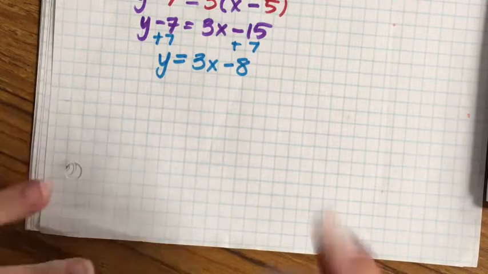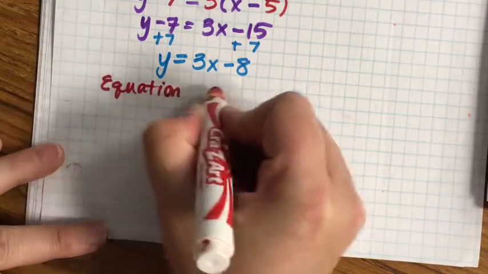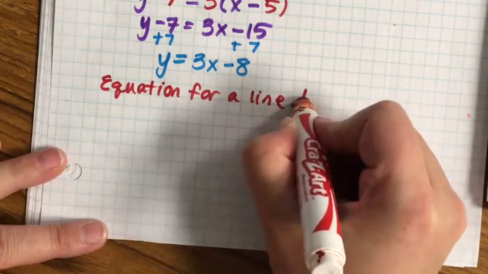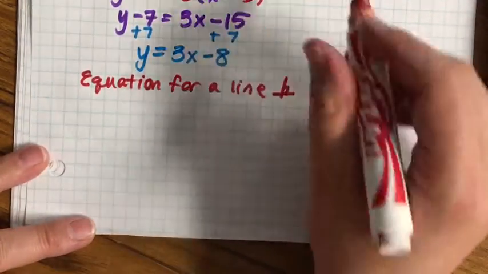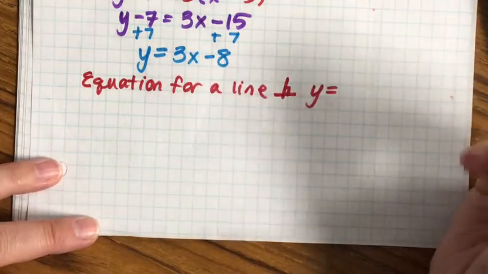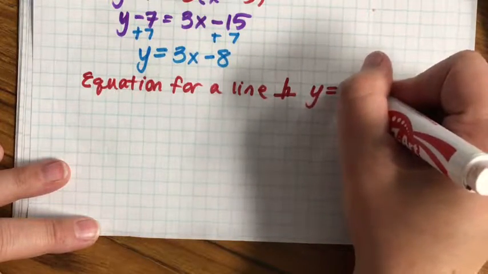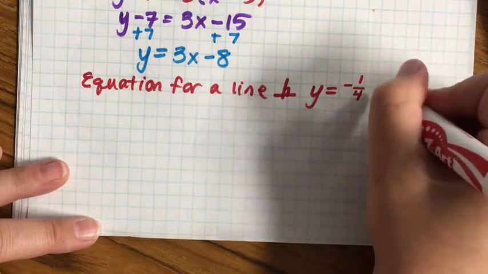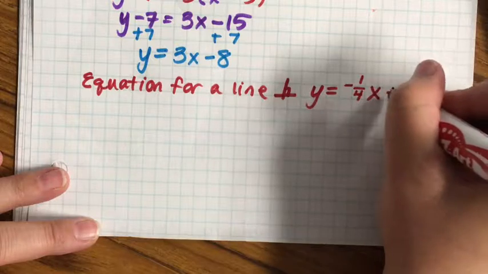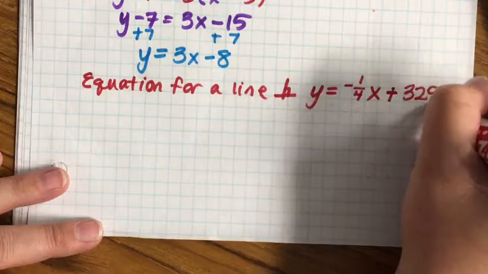perpendicular. So we want to get an equation for a line. And I'm going to use the symbol for perpendicular because I don't like writing out the whole thing. Perpendicular to the line y is equal to negative 1/4 x, and then I could even say plus 329 if I felt like it.